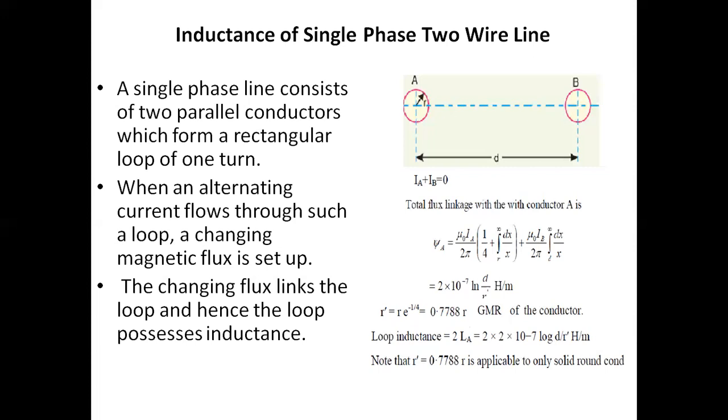So the total inductance is equal to 2 times the inductance of conductor A, so 2 into 10 power minus 7 ln d by r dash Henry per meter. That equals 4 into 10 power minus 7 ln d by r dash Henry per meter. Note that r dash equal to 0.7788 into r is applicable only to solid round conductors.